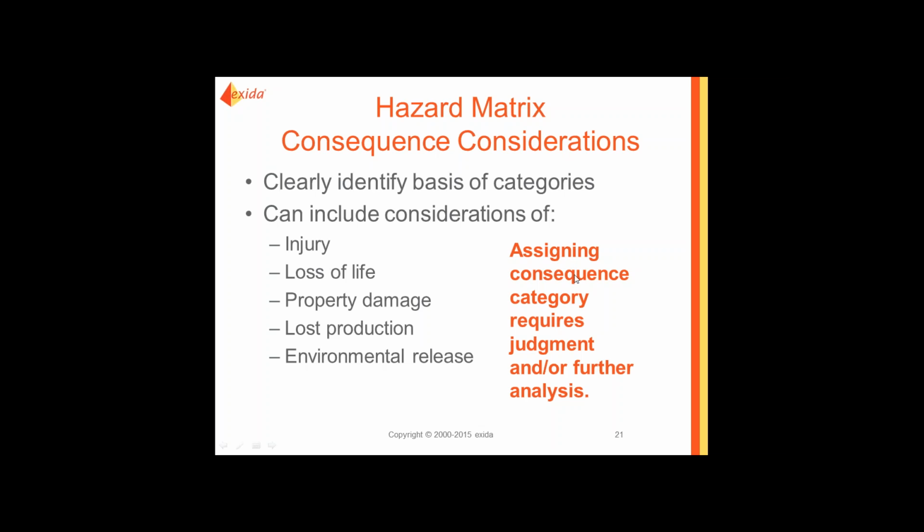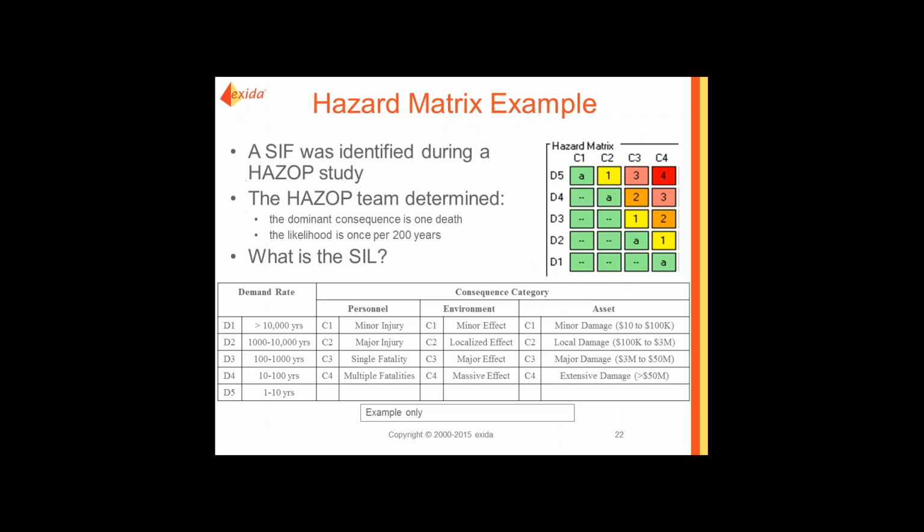But here again, it requires judgment or further analysis to assign these consequence categories. So you would have to do some quantitative risk assessments, and usually that's done much before this, and that helps drive what the tolerable risk criteria will be for the company. And like I've said before, it depends if the company is more risk averse or less risk averse.